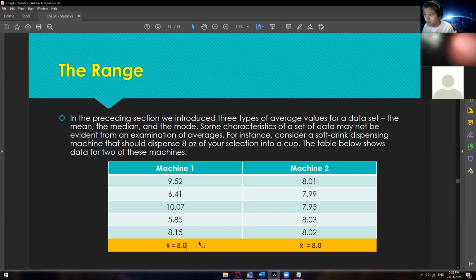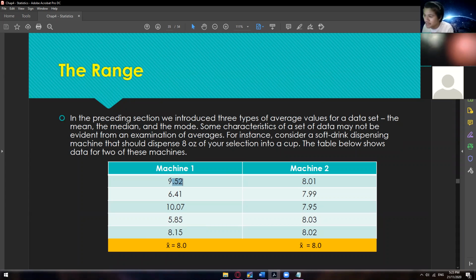How come? Because it's already in the machine, and as we all know, the machine should dispense equally, 8 ounces, 8 ounces, 8 ounces, 8 ounces, 8 ounces. But we have a faulty machine here.